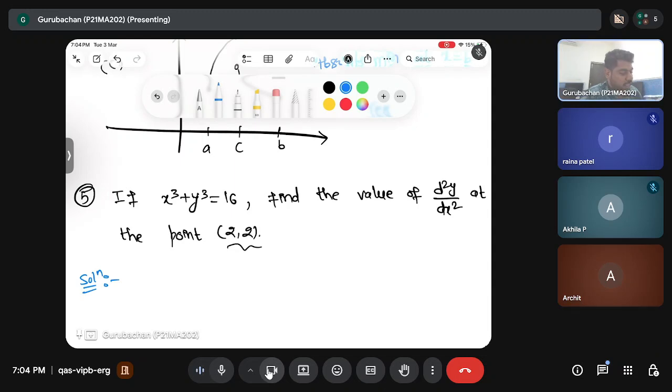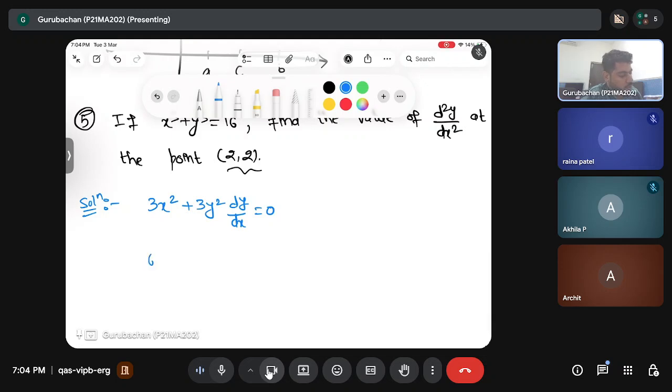So when you differentiate the first time, it will be 3x square plus 3y square dy by dx is equal to 0. Since you want to differentiate again, you can differentiate again. See, 6x plus 3y square d2y by dx square plus, you have to apply the product rule here, so this will be 6y into dy by dx whole square.